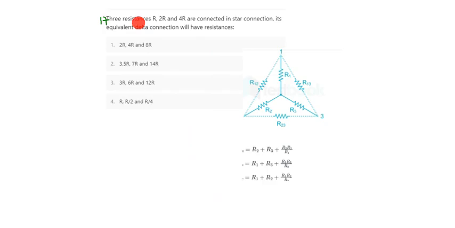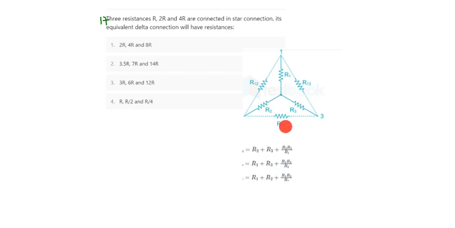Three resistances R1, R2 and R3 are connected in star. Its delta equivalent R12, R13, R23: R12 equals R1 plus R2 plus R1 into R2 divided by the opposite resistance R3.